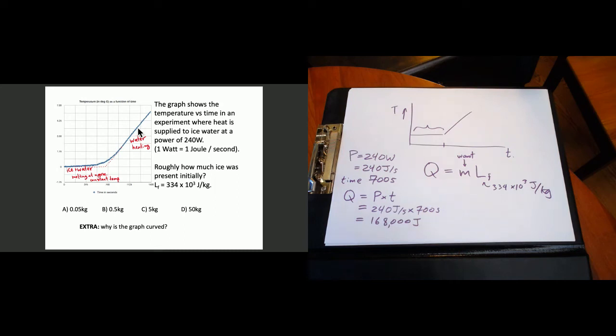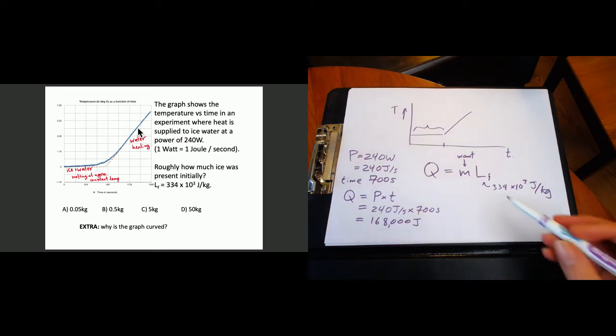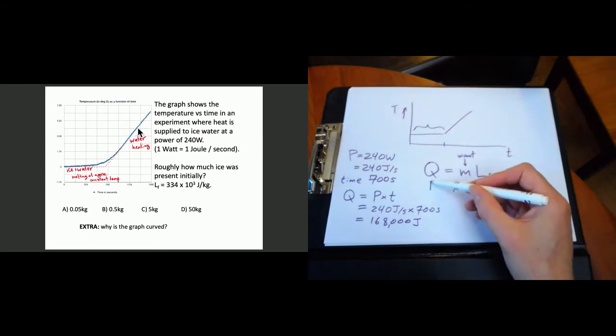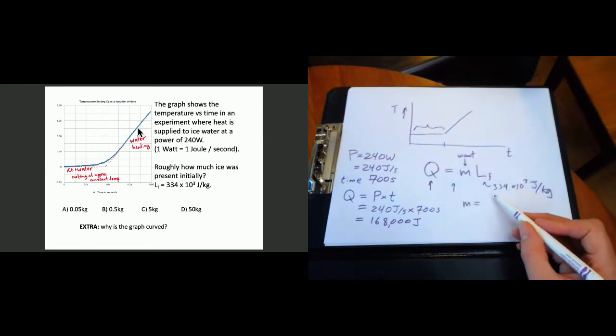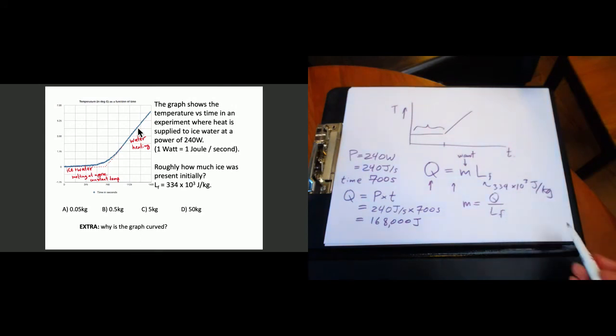Now we're ready to go with our formula relating heat to the mass and to the latent heat. So we can go back here. Now we know the right-hand side, and so we can calculate the mass, and that's equal to Q divided by LF. And now we plug in our numbers.